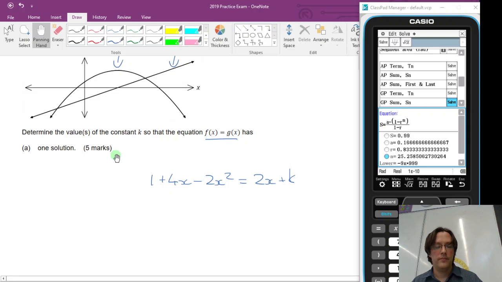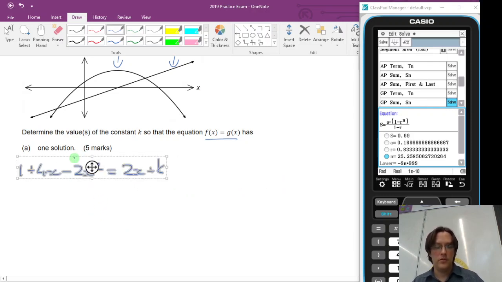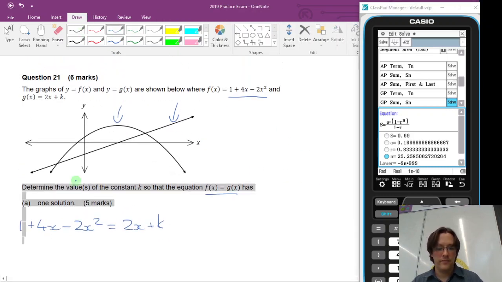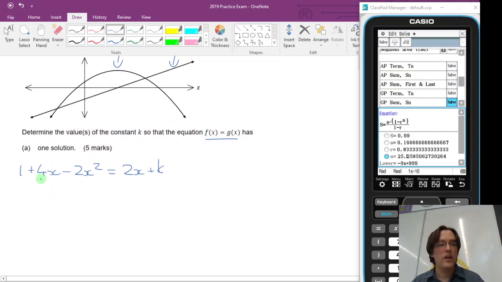So let's move that over. Okay, so let's rearrange this.